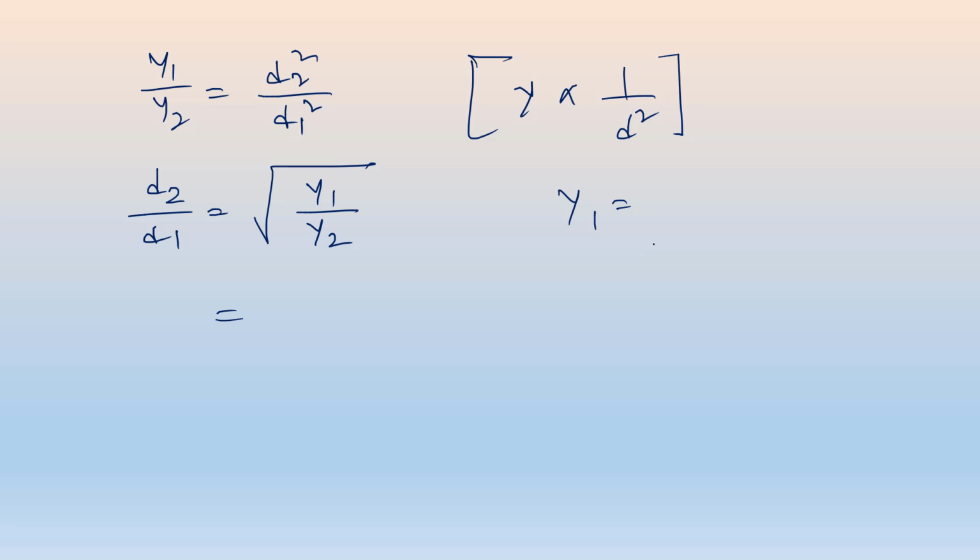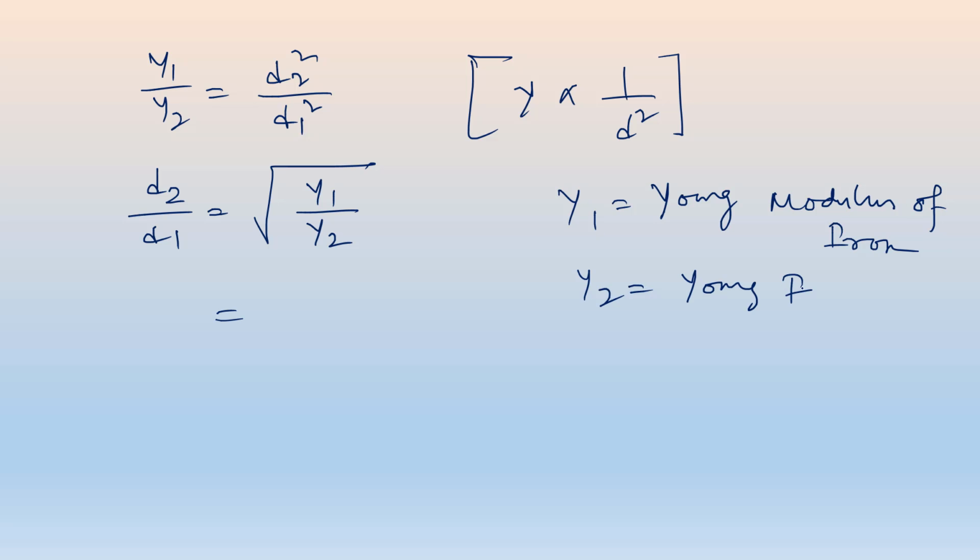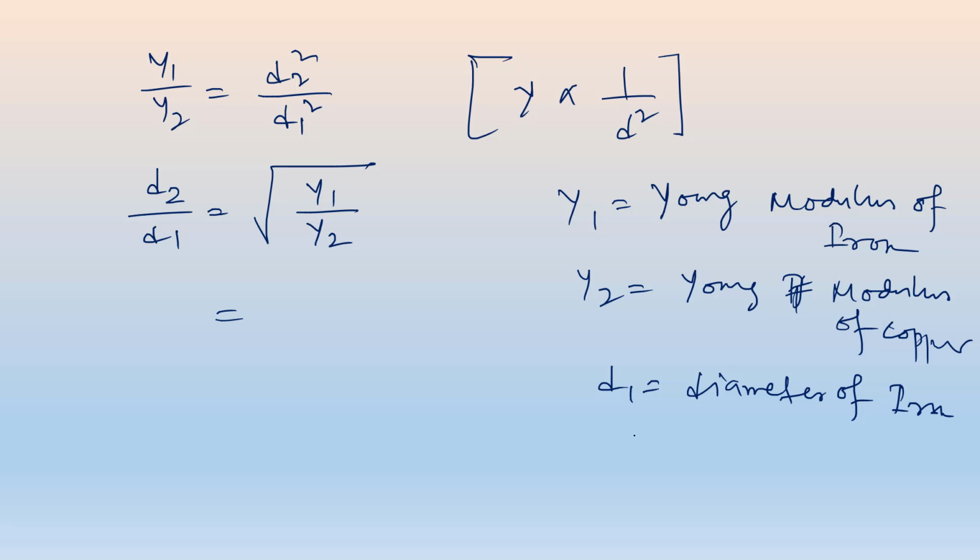You can at first define one thing: y1 is the Young modulus of iron, y2 is the Young modulus of the next material, copper. d1 is the diameter of iron and d2 is the diameter of copper. That needs to be derived here.